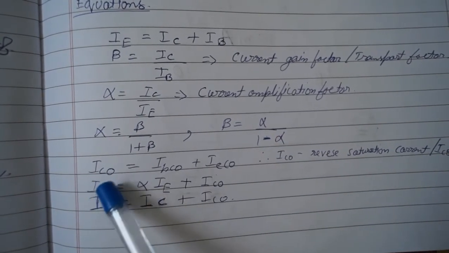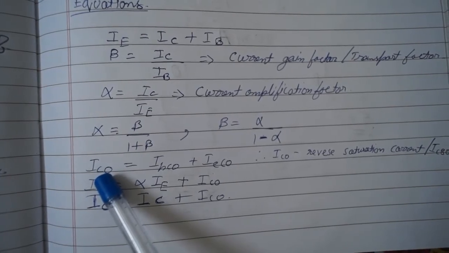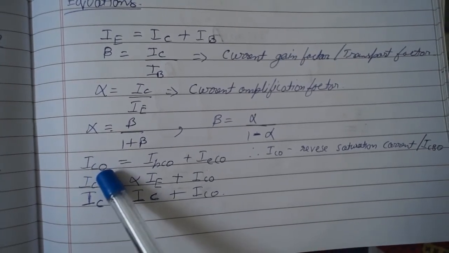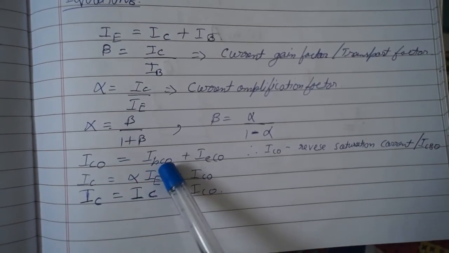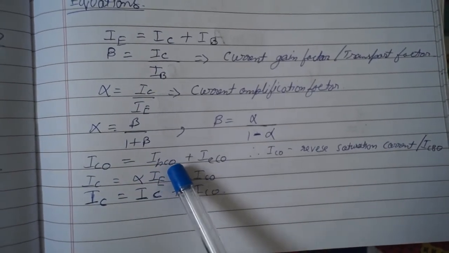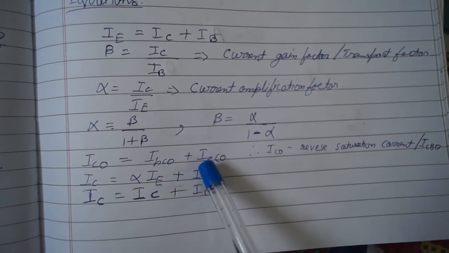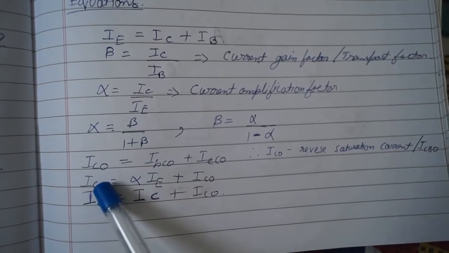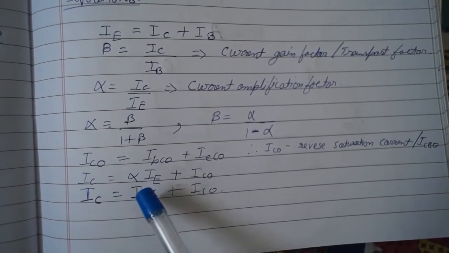Then the collector reverse saturation current. The collector current is composed of two types of current, due to the holes and the electrons.